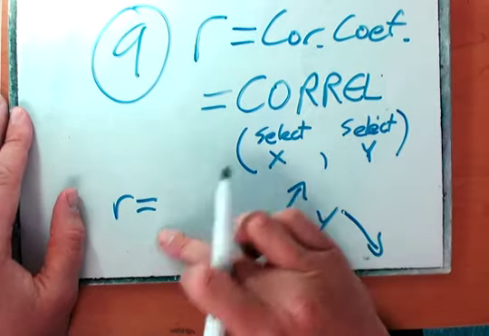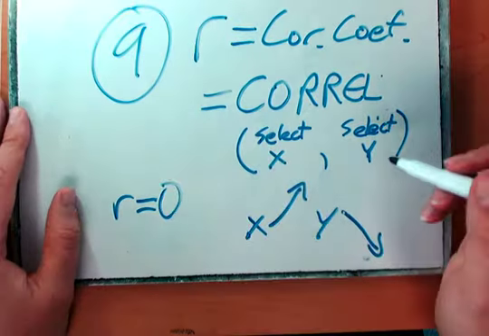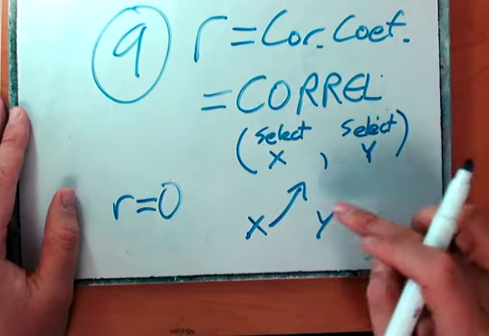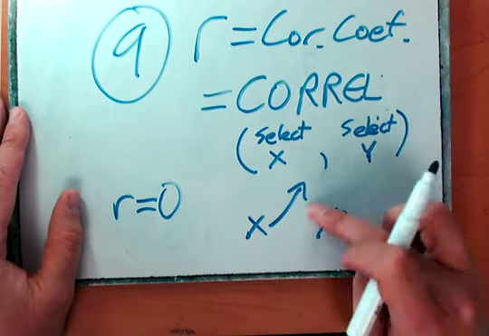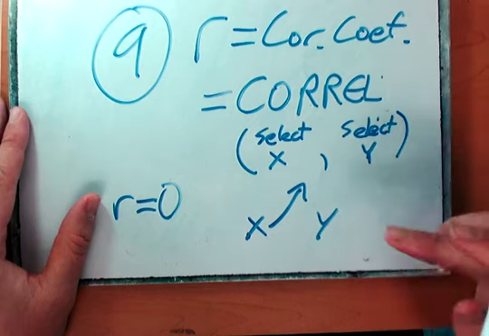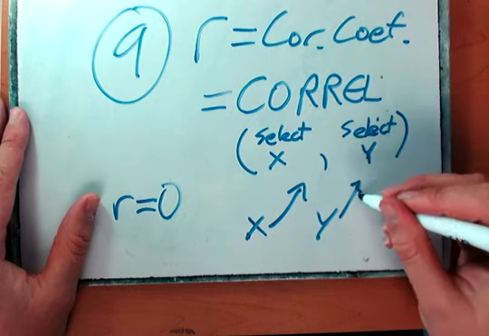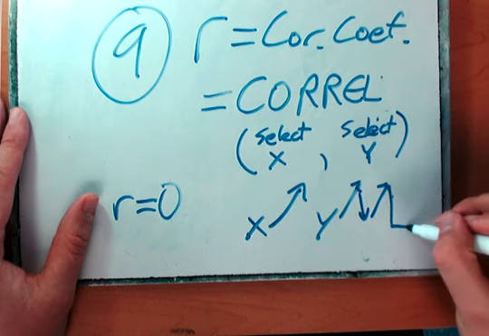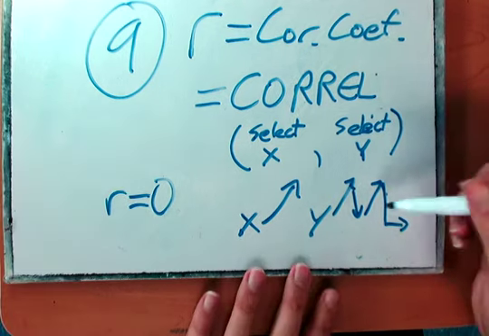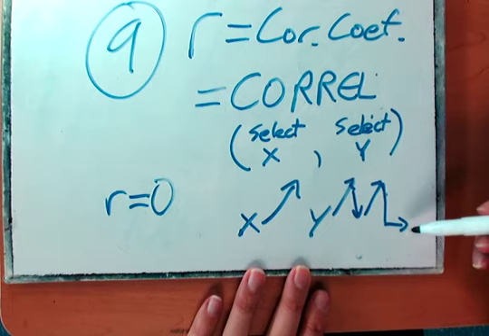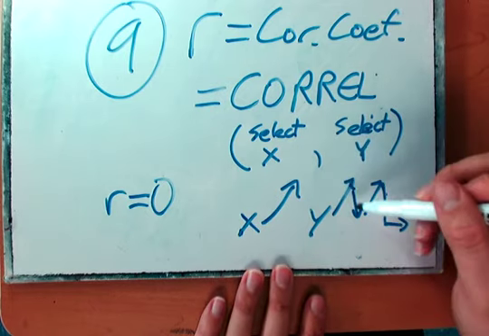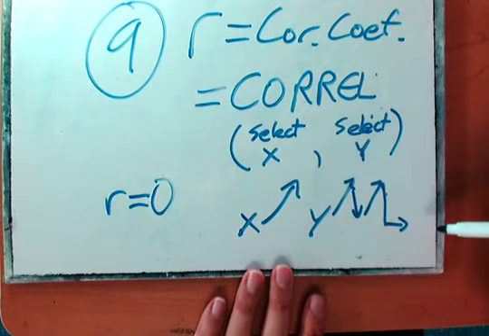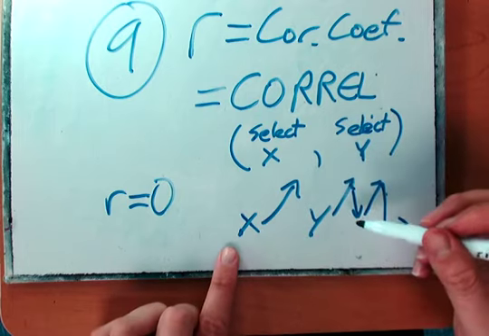Now, what happens if the R equals 0? Well, that means that if X goes up, Y could go up, then down, then up, then stay down forever. You know, it's random. There's no connection. As X goes up, Y changes at a really weird rate that is not connected.